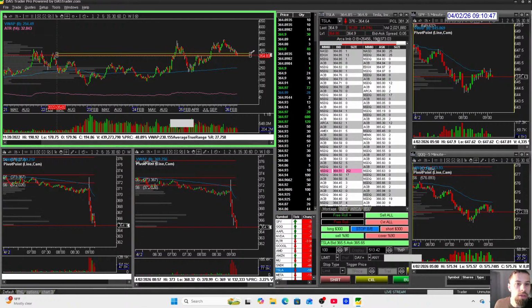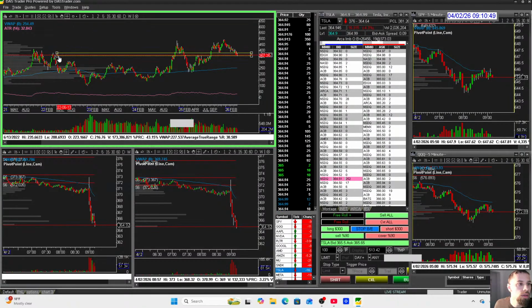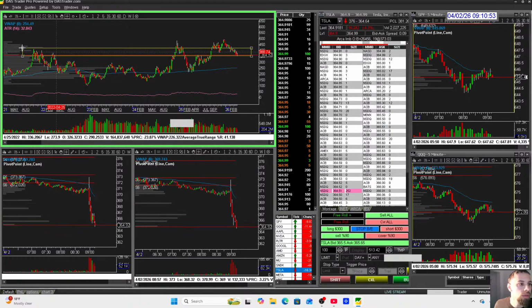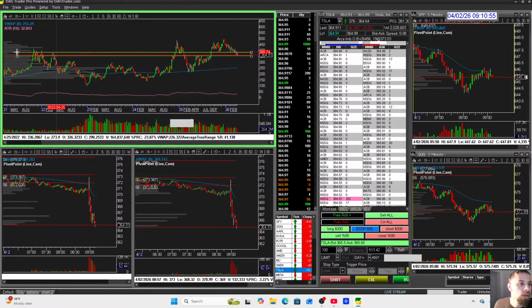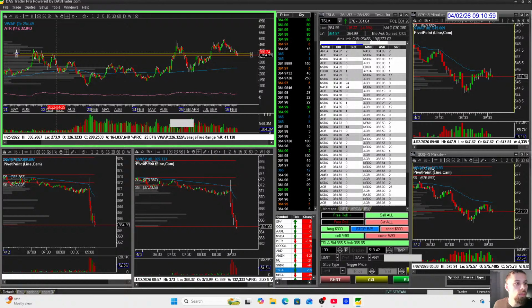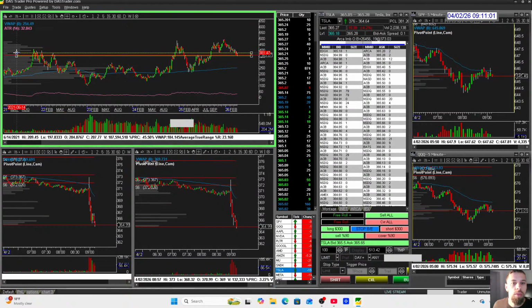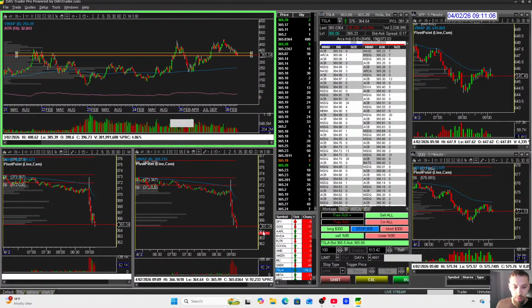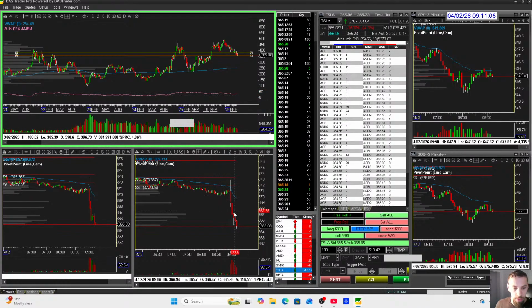Area of resistance here. Gonna go based off the candles to the left. So about 381. Melting off really fast here.